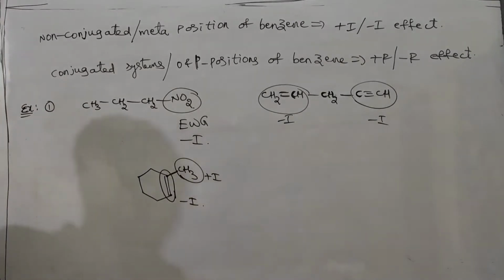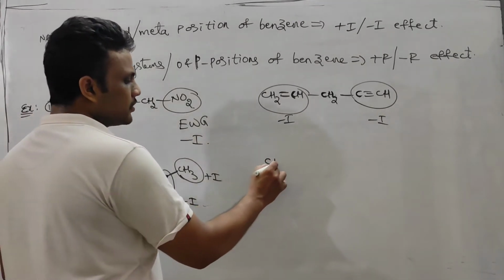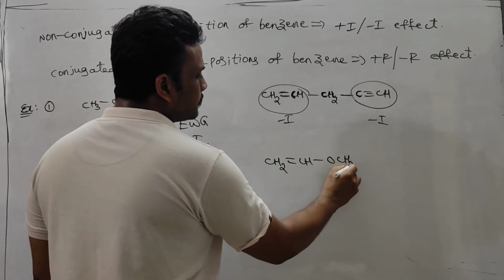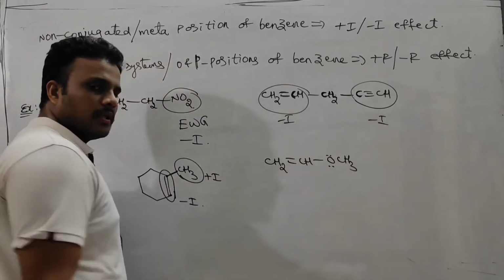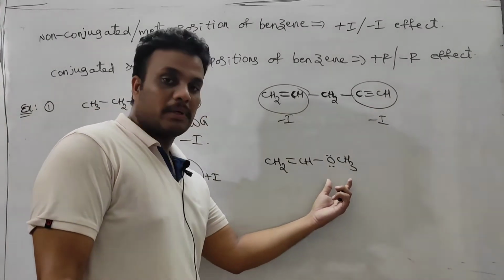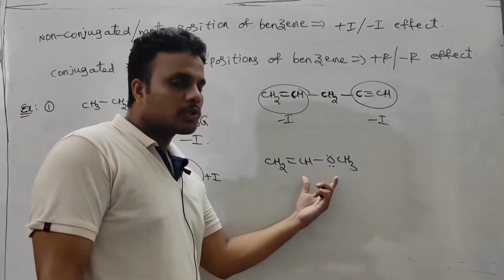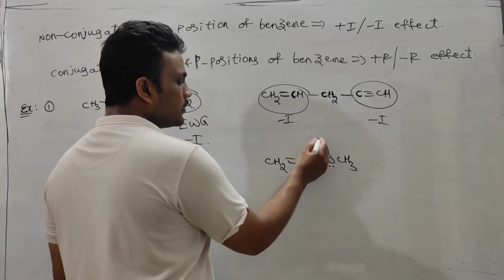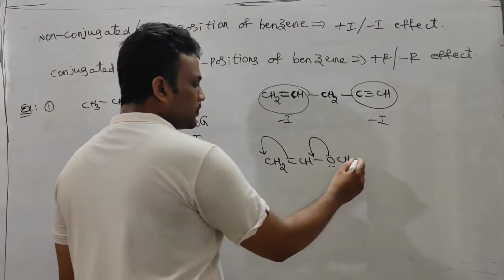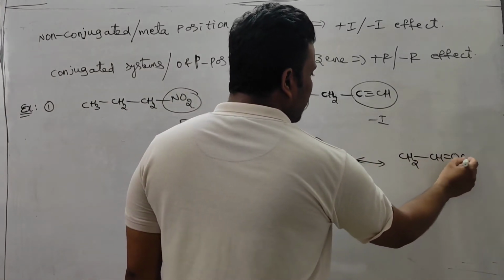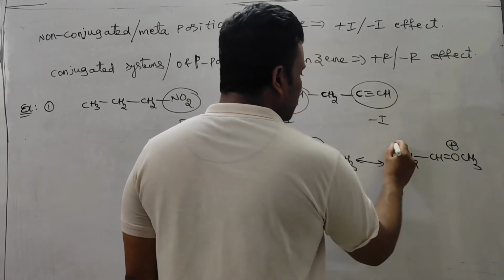When it comes to a conjugated system like this, I have taken a conjugated system. This is a conjugated system, clear? Now the OCH3 group is a minus I group as well as a plus R group. So what is the nature of this group in this compound? It is a conjugated system, yes sir. So it donates its lone pair. Plus R groups always donate their lone pair and they increase electron density in the conjugated system.